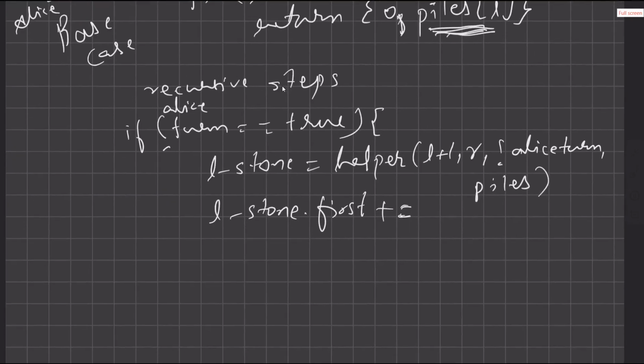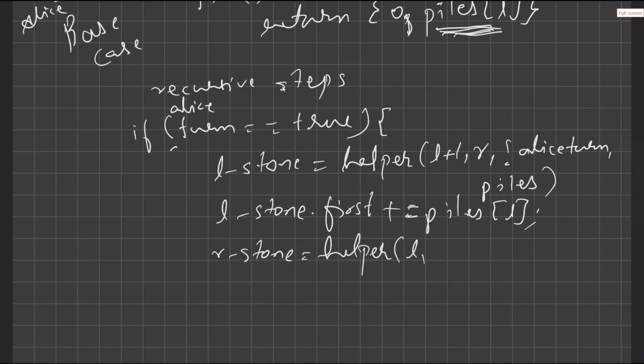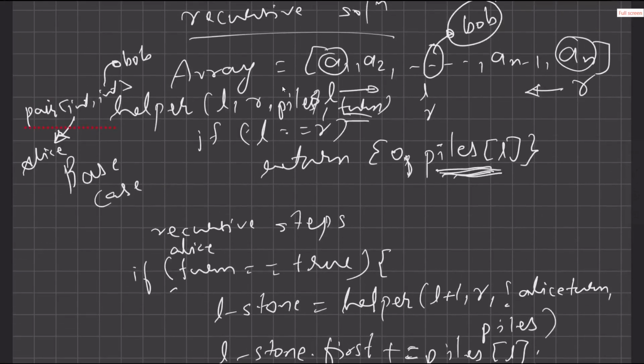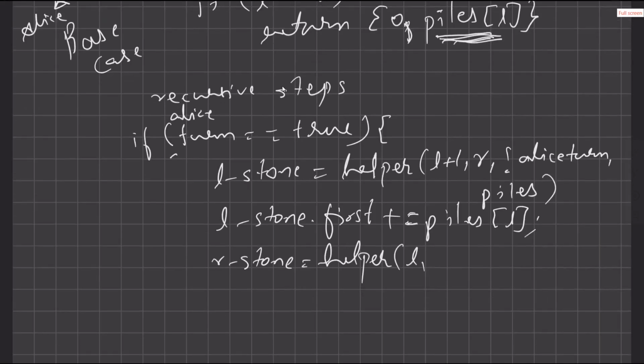Since it is Alice's turn, definitely we'll be adding it to Alice's number of stones. Similarly, we'll do the right stone. Since we are choosing the elements from the right-hand side and we will be moving left after choosing, it will be R minus 1 and not of Alice turn.